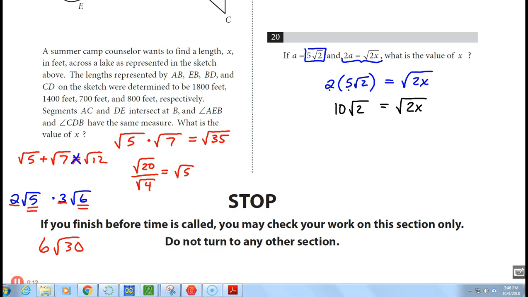Now, in order to get rid of a radical, the opposite of taking the square root of something is to square something. So my next move, to both sides, I'm going to multiply this side by itself, and I'm going to multiply this side by itself.